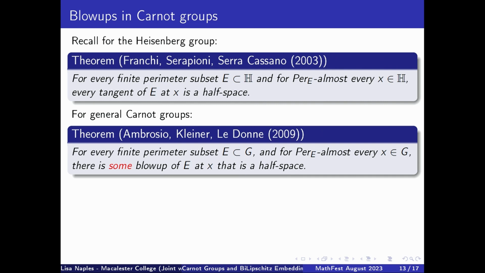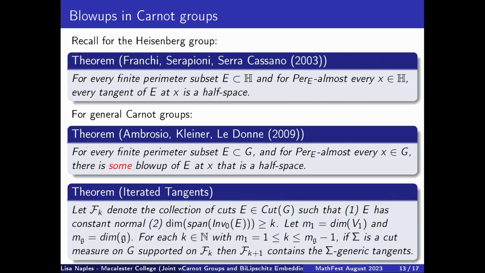They proved that for every finite perimeter subset E, for perimeter-almost every point inside of our group, there is some blowup of E that is a half space. The important part here is they don't have uniqueness of blowups, but we know that we can find at least one half space. And I will say why that is enough in a minute.